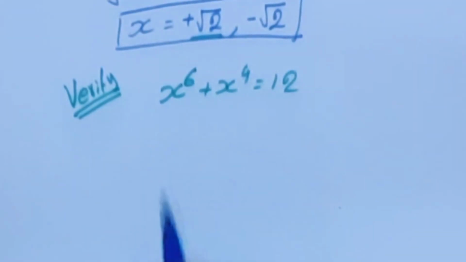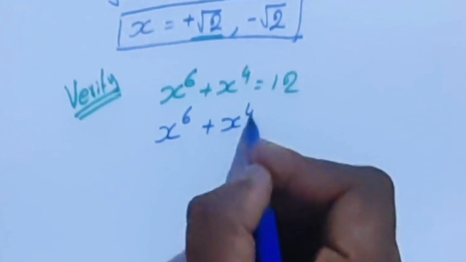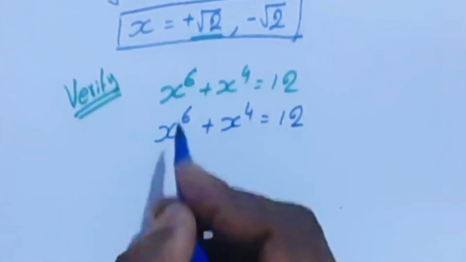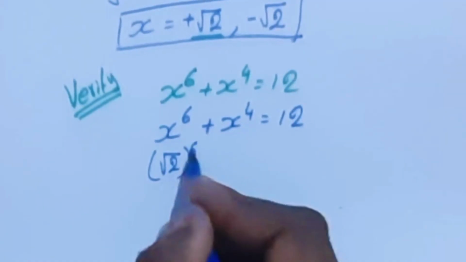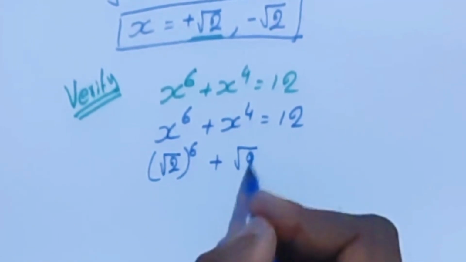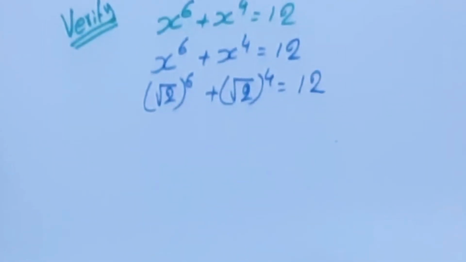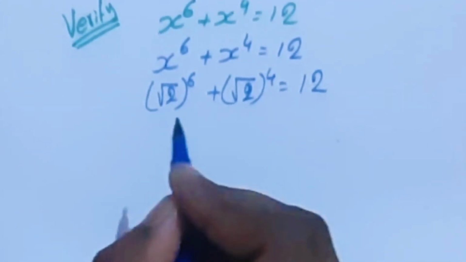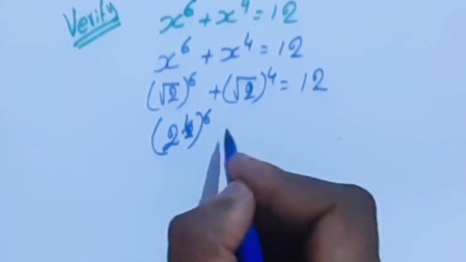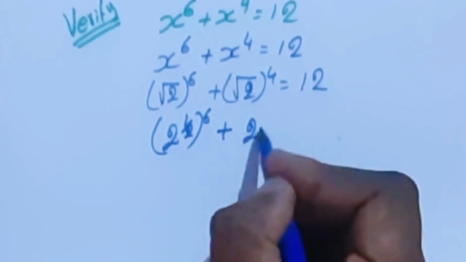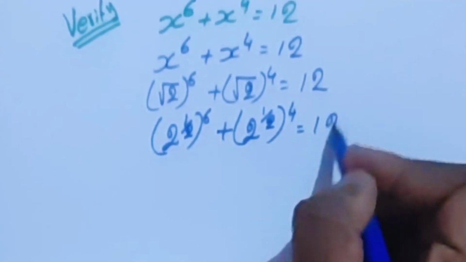Applying this value here, x equal to square root of 2, whole power 6 plus square root of 2 whole power 4 equal to 12. Now, the square root of 2 can be written as 2 power 1 by 2 whole power 6 plus 2 power 1 by 2 whole power 4 equal to 12.